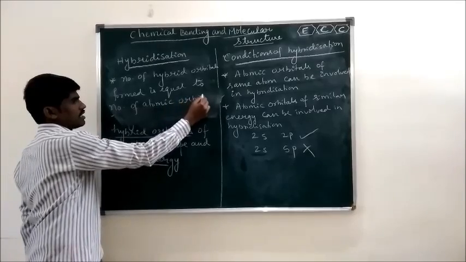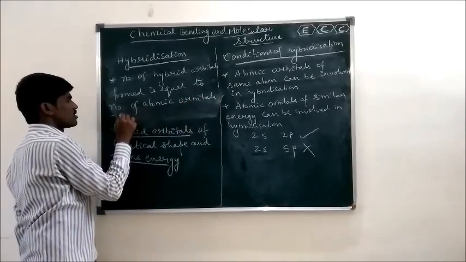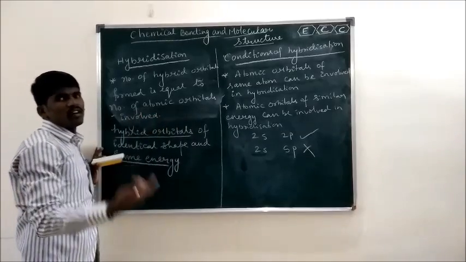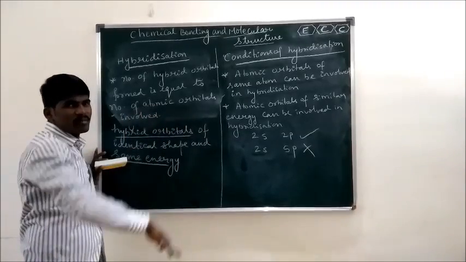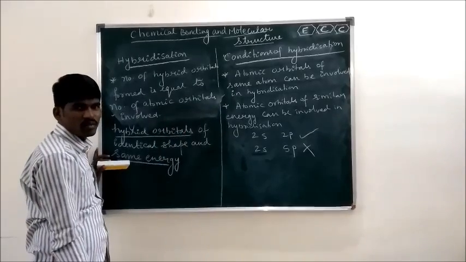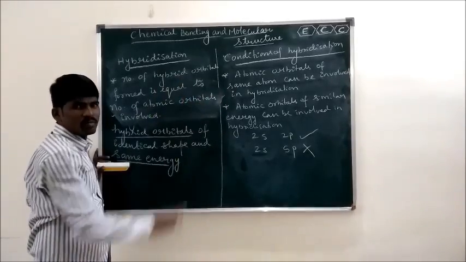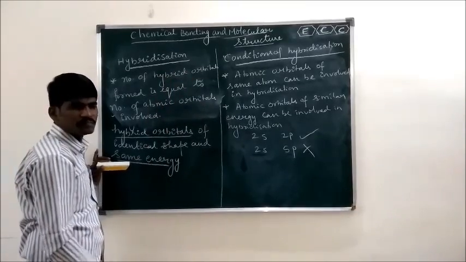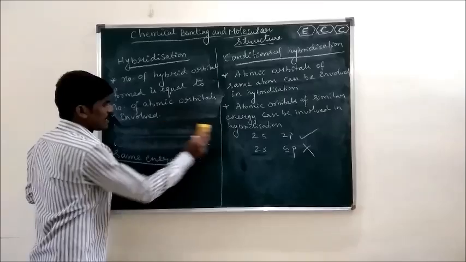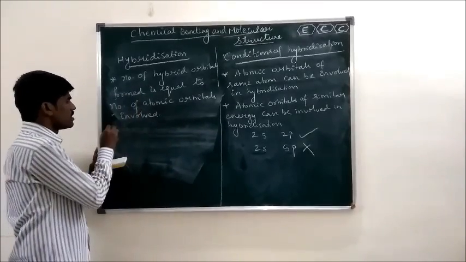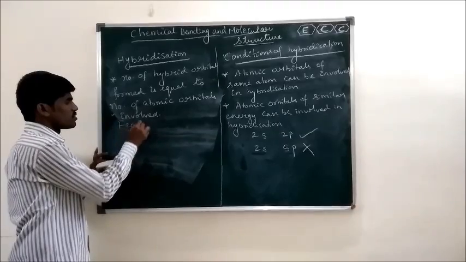However many atomic orbitals are involved, that many hybrid orbitals will be formed. Let us say if 2 atomic orbitals are involved, then 2 hybrid orbitals will be formed. If 3 are involved, 3 can be formed. These are the major conditions. You can see the features of hybridization also.